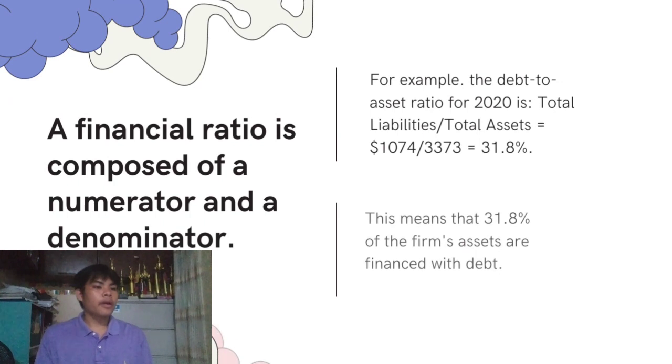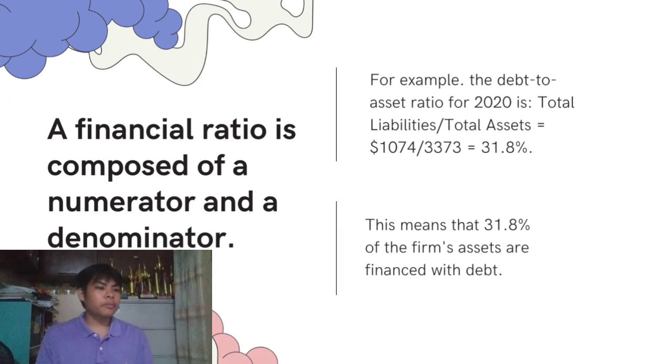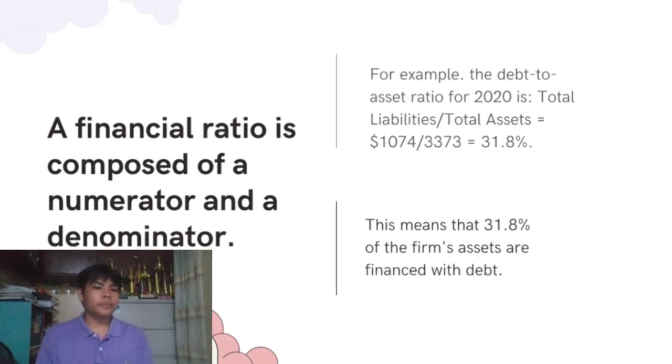A financial ratio is composed of a numerator and a denominator. For example, the debt to asset ratio for 2020: $1,074 as the total liabilities, divided by 3,373 as the total assets, equals 31.8%.